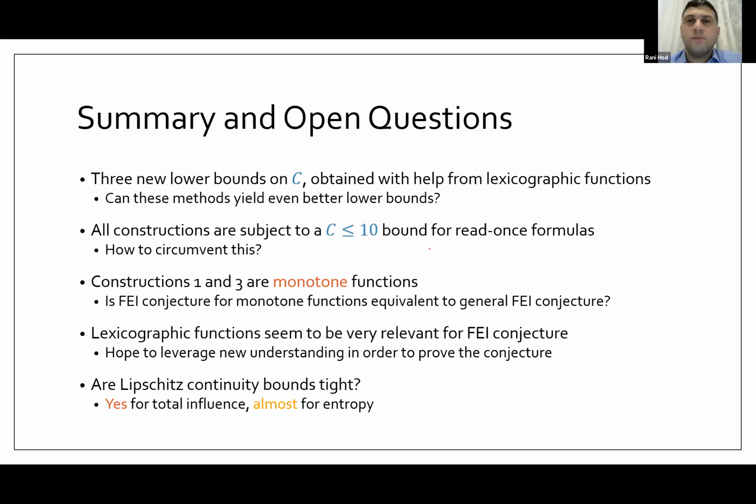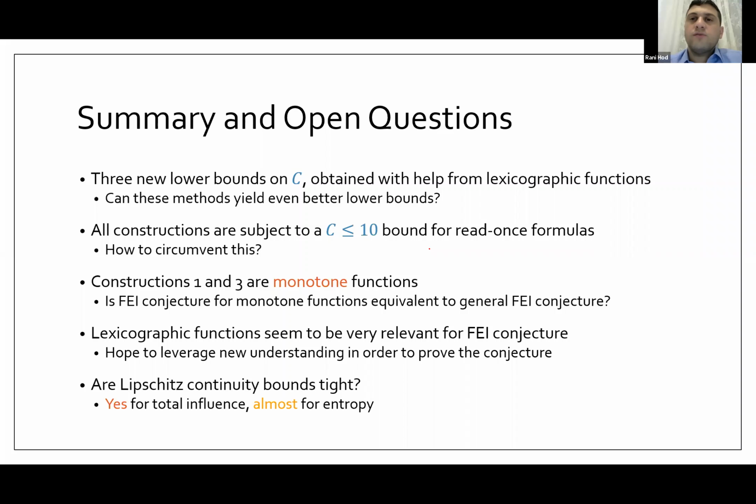And one really big problem here is that in all these ideas, the functions that we get are called read-once formulas. These are functions for which you don't need to read the value of an input variable more than once. You only need to read it once, and after you did that, you don't need to read it again to compute the value.